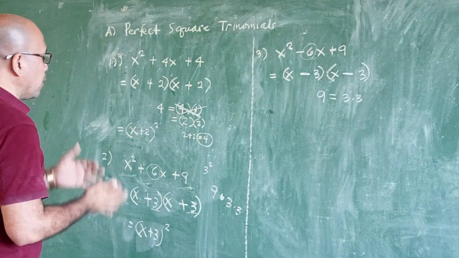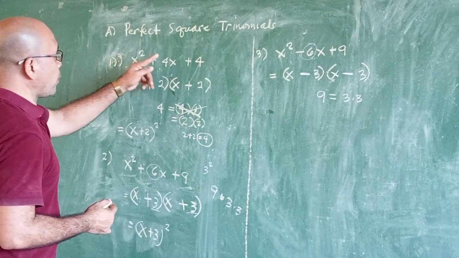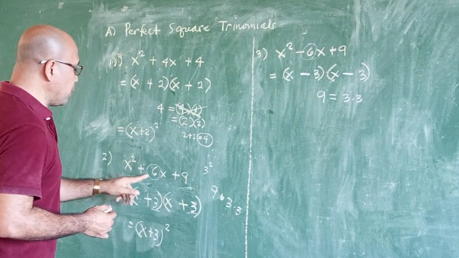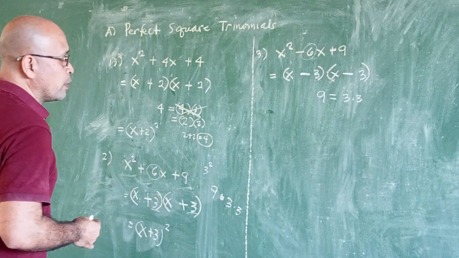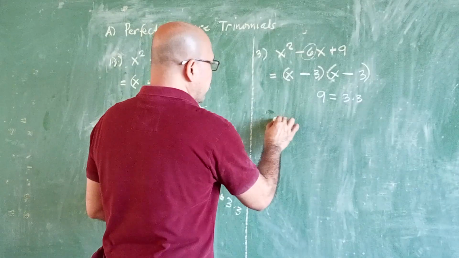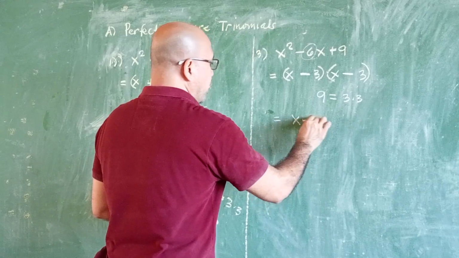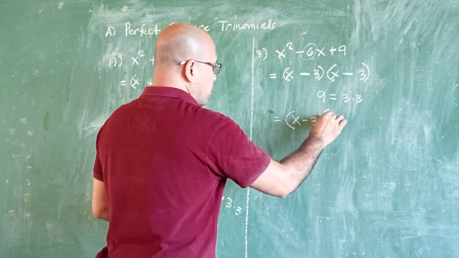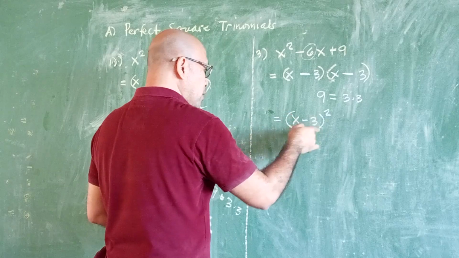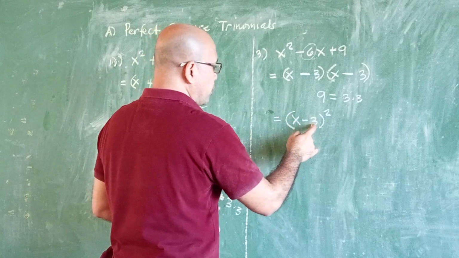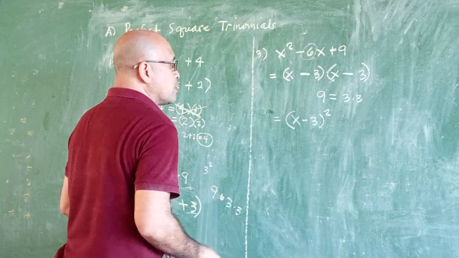So therefore, that's another way of concluding that the given x squared minus 6x plus 9 is really a perfect square trinomial. Or you may write this as x minus 3 times x minus 3, or simply the square of the quantity x minus 3, as factors of x squared minus 6x plus 9.